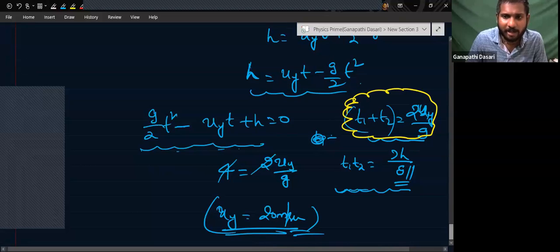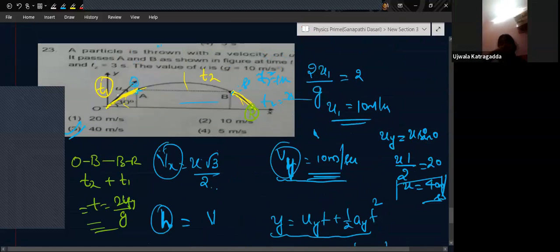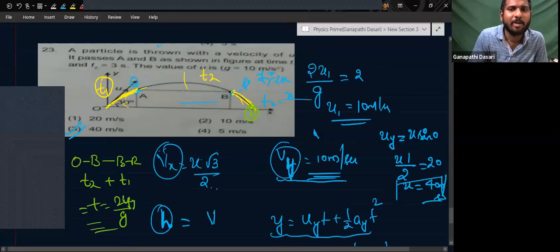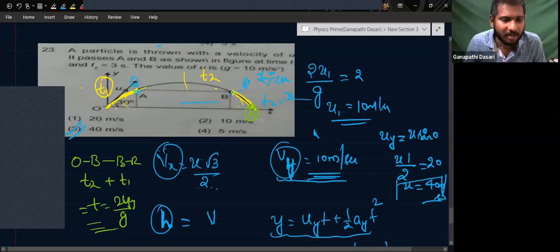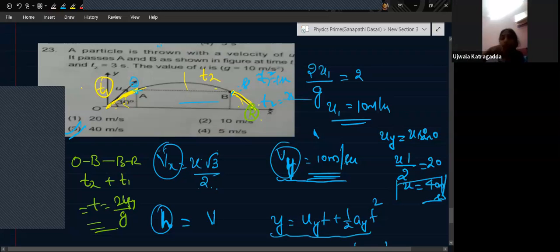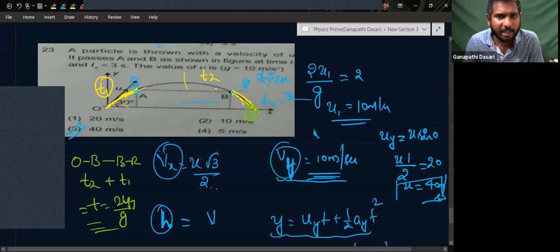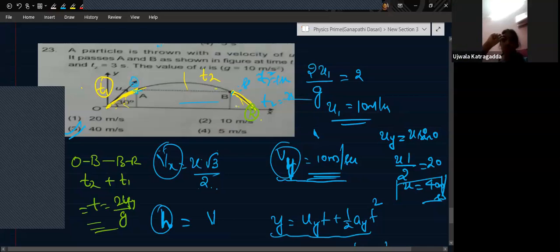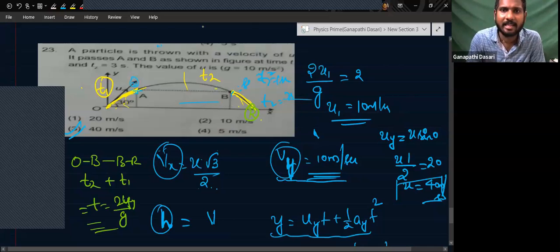Did you understand the way I saw it? The time from O to A is actually equal to the time from B to R. O to A time is T1, O to B time is T2, so O to B time plus B to R time can be written as T2 plus T1. Suppose O to A takes 1 second and O to B takes 3 seconds.